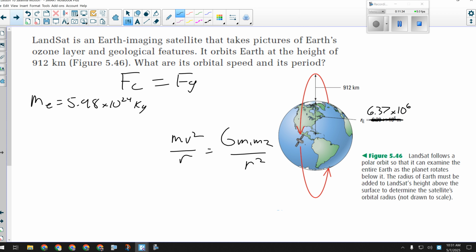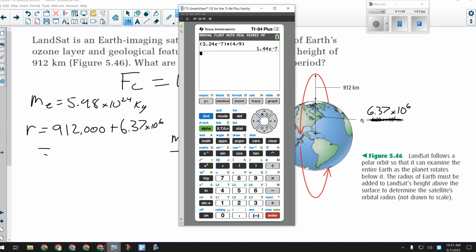So they gave me the orbital height, but I actually need the orbital radius, which will be 912,000 meters plus 6.37 times 10 to the 6th. That will give me the center to center distance that I need for this calculation. So 6.37 E6 plus 912,000.